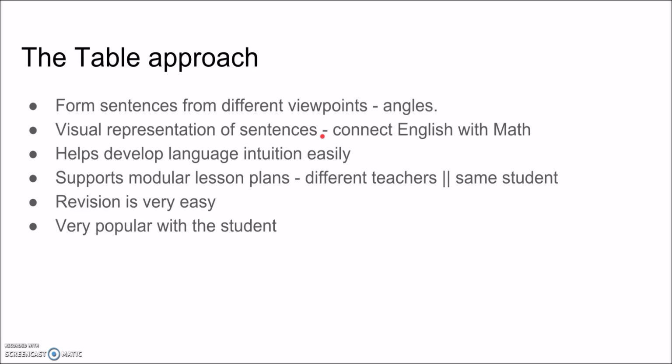For example, let's say the price of one apple is 50 rupees. So the price of, let's say, 5 apples is 50 rupees. So how many apples would you get in 10 rupees? These kind of things. So those kind of calculations you always present in tabular form. And that's why with this table approach, the child, or whoever is your learner, your student, connects this English with his mathematical learning.